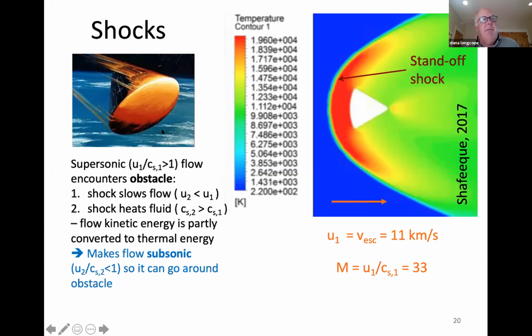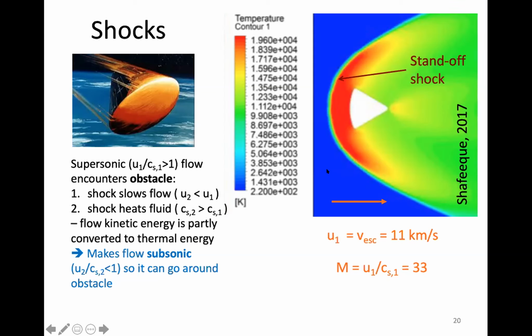And what happens at the shock is the fluid slows down, and it gets heated. And here's a nice diagram of the shock that forms around a simulated Apollo 11 re-entering. And you see this is temperature in Kelvin.